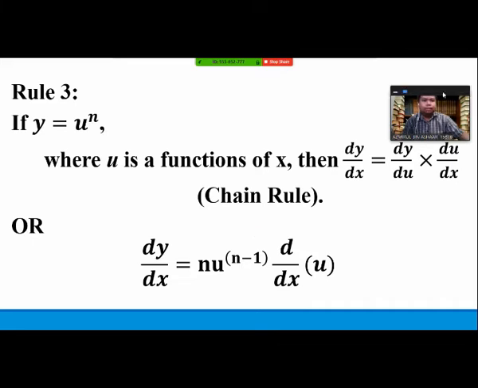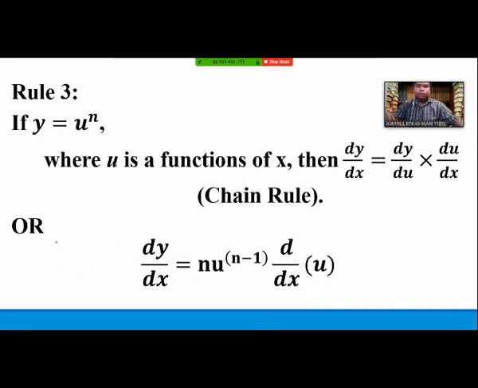Let's see rule number 3. And rule number 3 is y equal to u power of n, where u is a function of x, then dy per dx equal to dy per du multiplied with du per dx. This is also known as the chain rule.